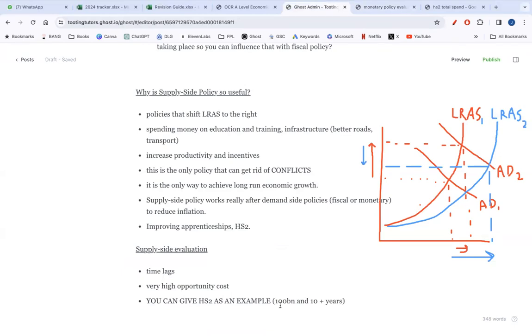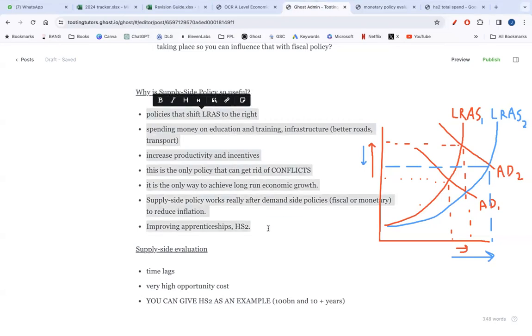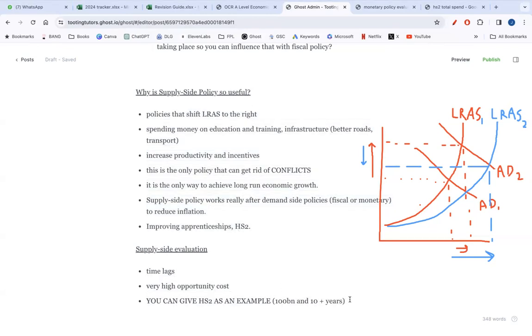But HS2 is the best example. To explain the good side, imagine if HS2 did work, it would do all the stuff it promised, but the fact that it's so easy for it not to work. And you can add your point in there and say that because it's quite risky, depending on what you're doing.